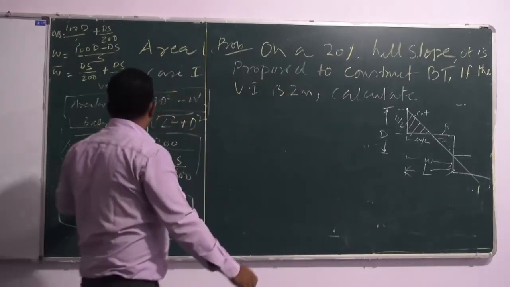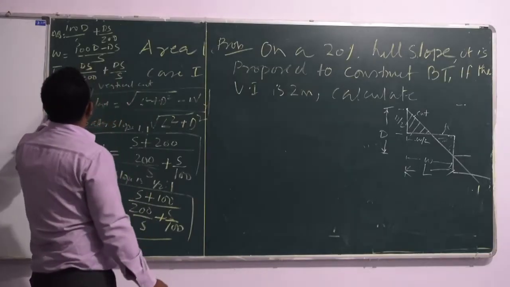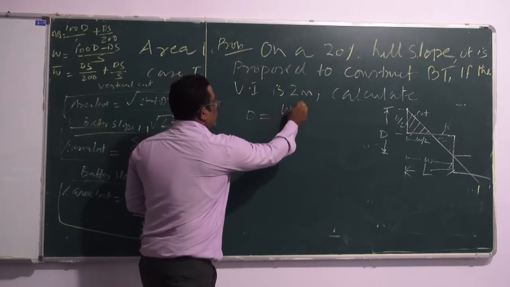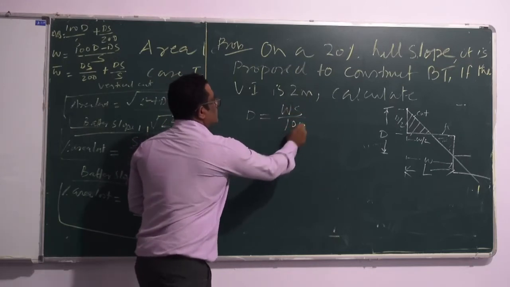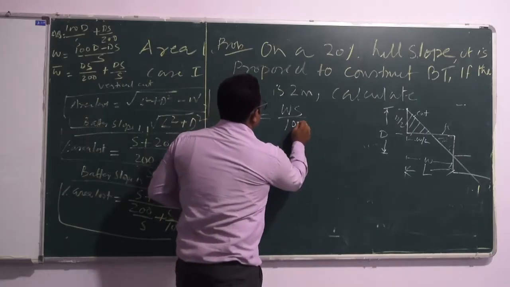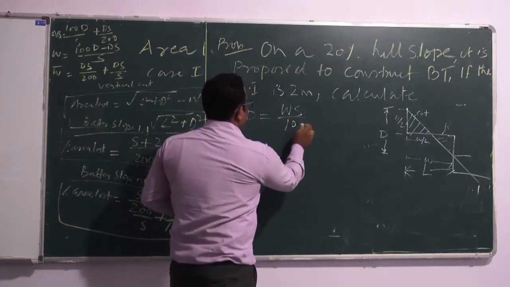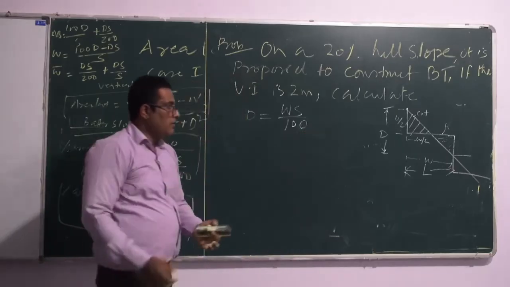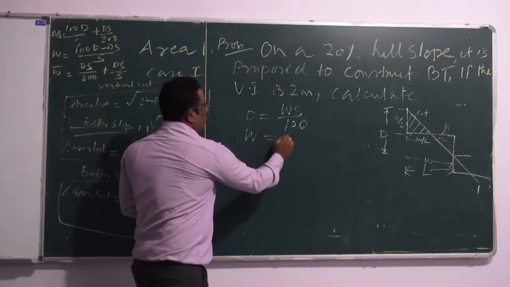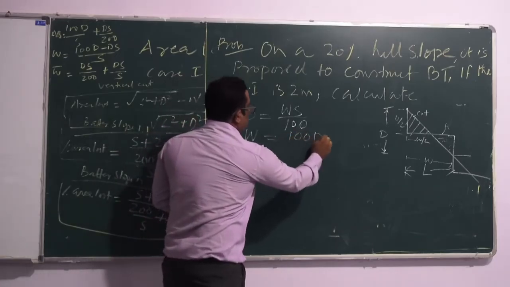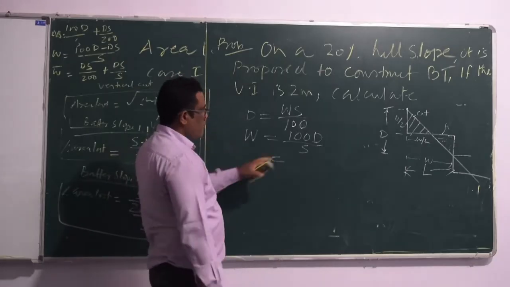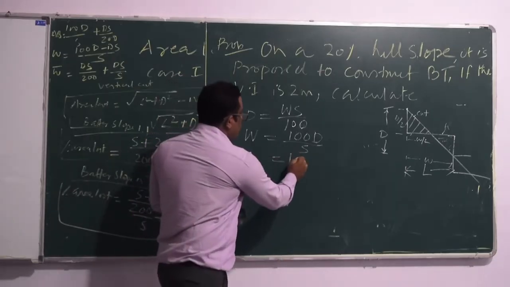Now for a vertical cut, we know D is equal to WS by 100, which we derived earlier, which implies W is equal to 100 D by S. What is D?